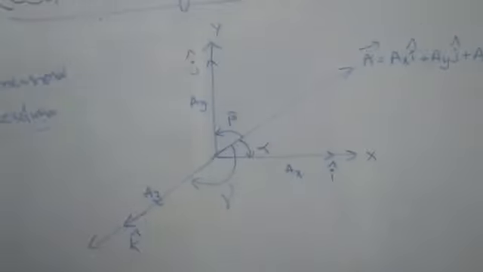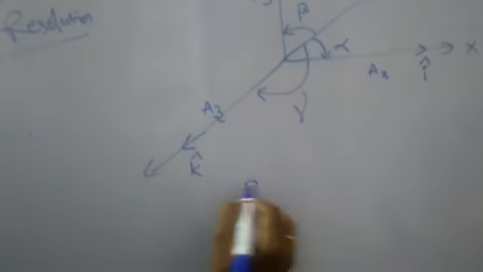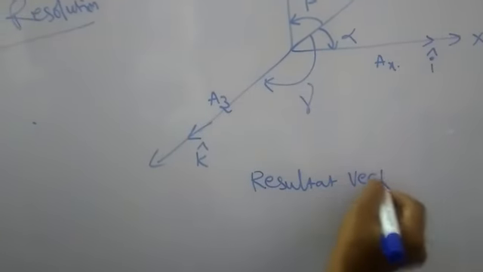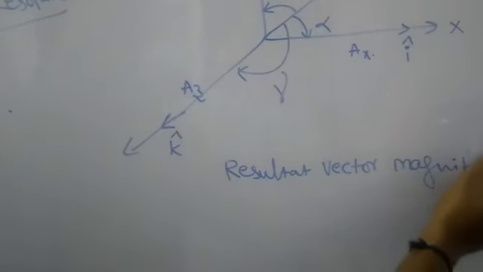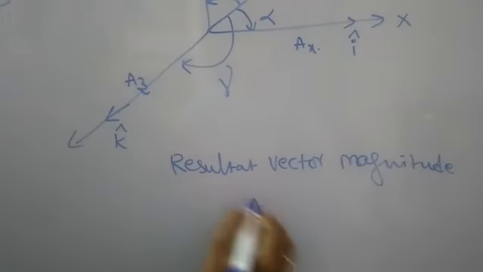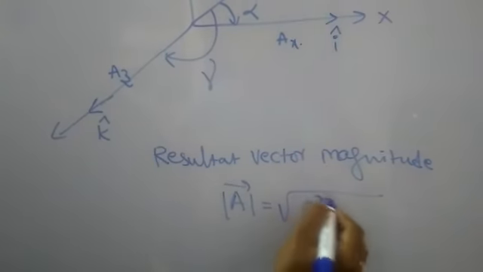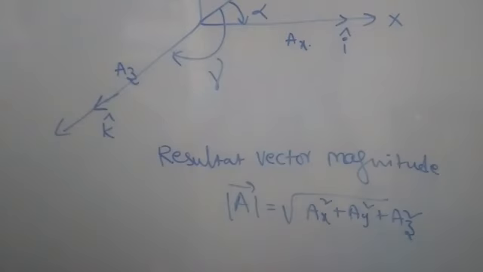Then the resultant vector magnitude, that is modulus of a bar, is equal to square root of ax square plus ay square plus az square.